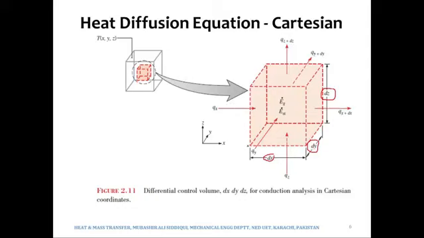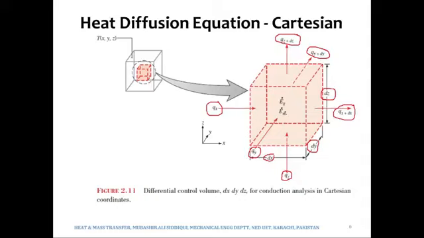So over here we can see Qx, Qx plus dx, Qy, energy coming in the y direction, Qy plus dy, energy going out in the y direction from the back face, and similarly Qz and Qz plus dz. So Qx, Qy and Qz are the energies coming into this control volume, and Qx plus dx, Qy plus dy and Qz plus dz are the energies leaving this control volume.